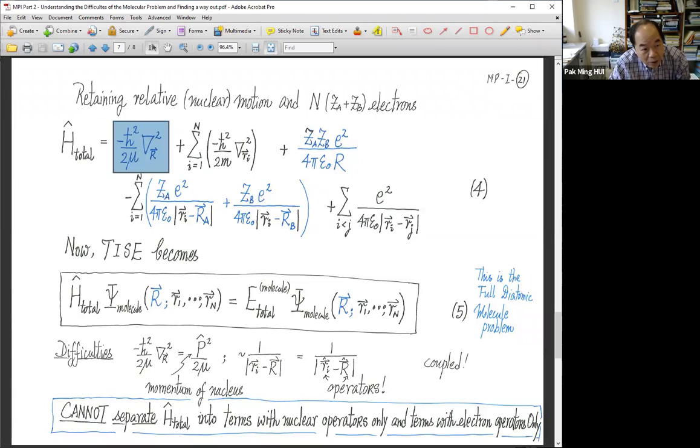You stand at A, you look at B. So B could be moving vibrationally relative to you, that is the vibrational motion, and B could be rotating about you. Follow me? That term is sufficient to carry this vibrational and rotational motion. That's good.